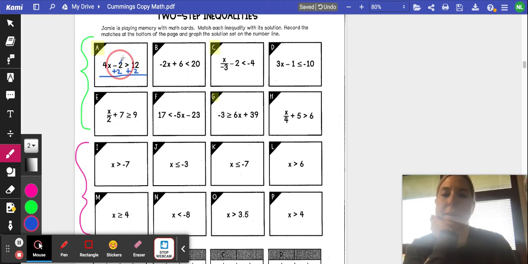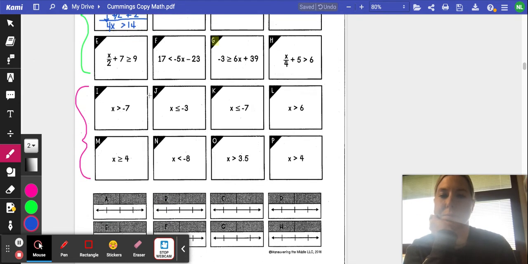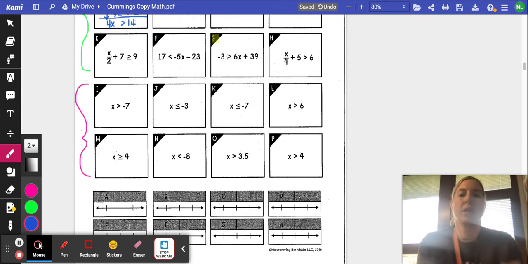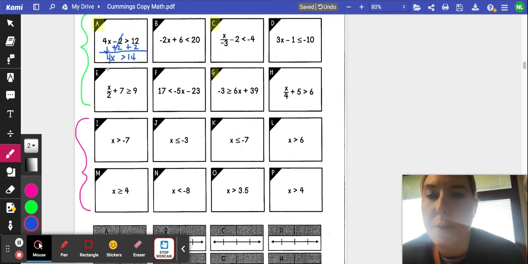From there, my 2's will cancel out. I will drop down my 4x, and then I will also drop down my inequality sign. And I know that 12 plus 2 is 14. From there, I will then look at my 4x.